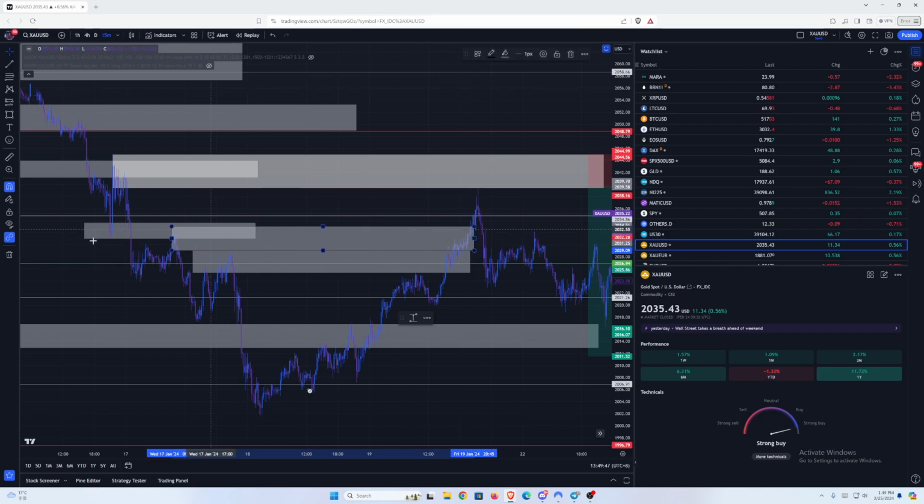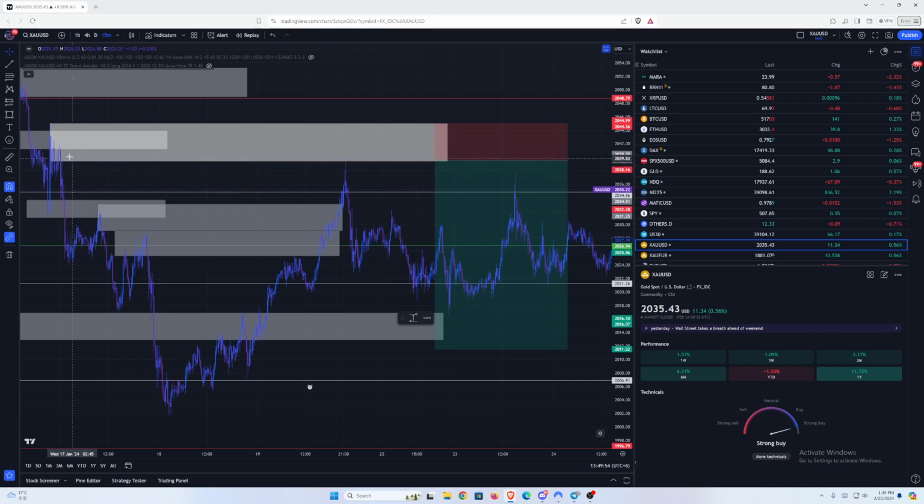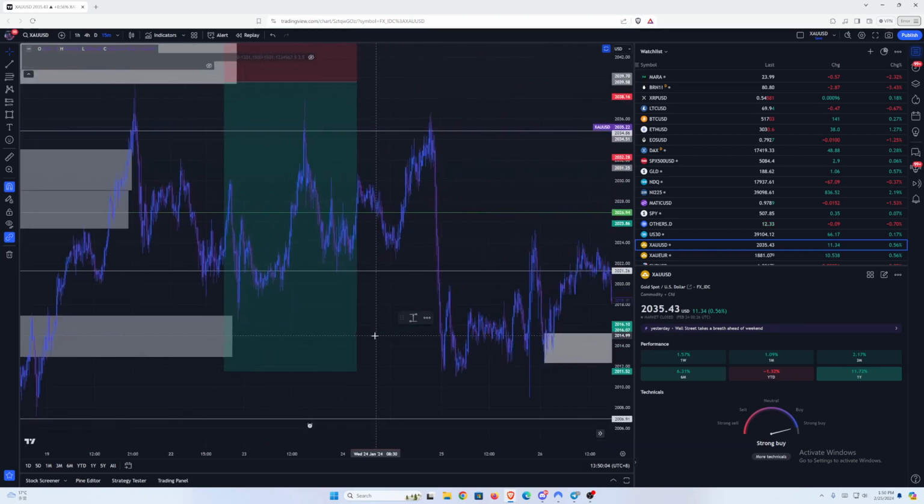First loss, second loss, okay? Doesn't matter. Then the third trade in here would have got you back into the profit of 1 to 5 risk reward ratio. So you lost 2% and you gained back 3% in here.